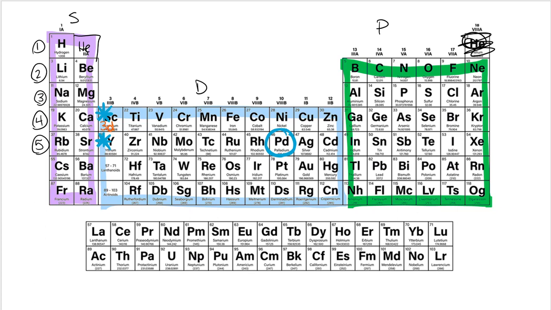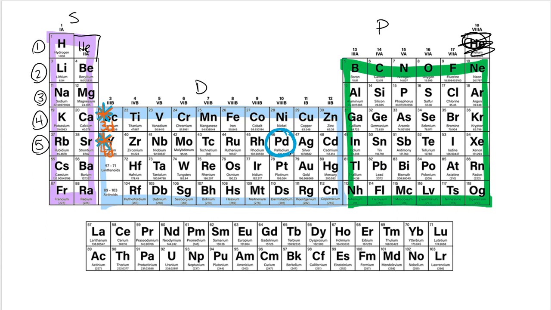The 3d fills after the 4s. The 4d, here with yttrium, fills after the 5s. So you need to remember that the d's do not just follow the period number. The d's are out of order.